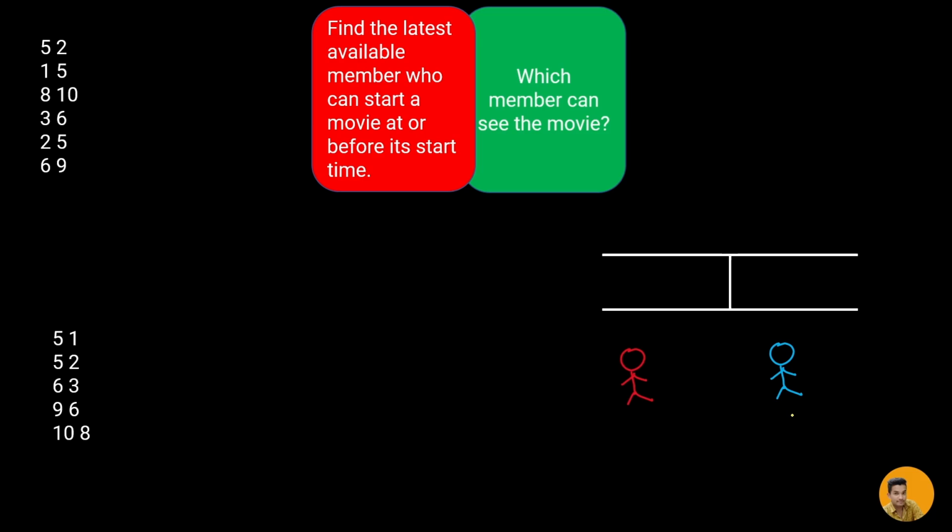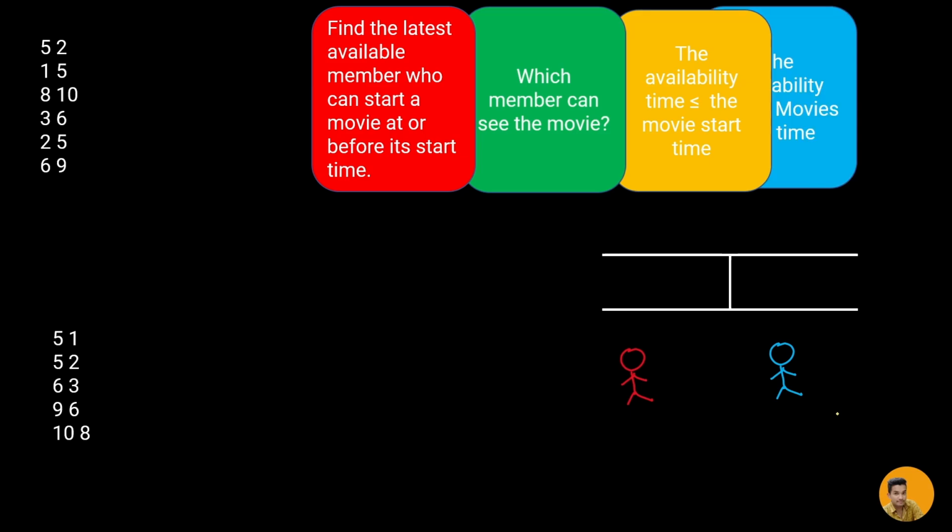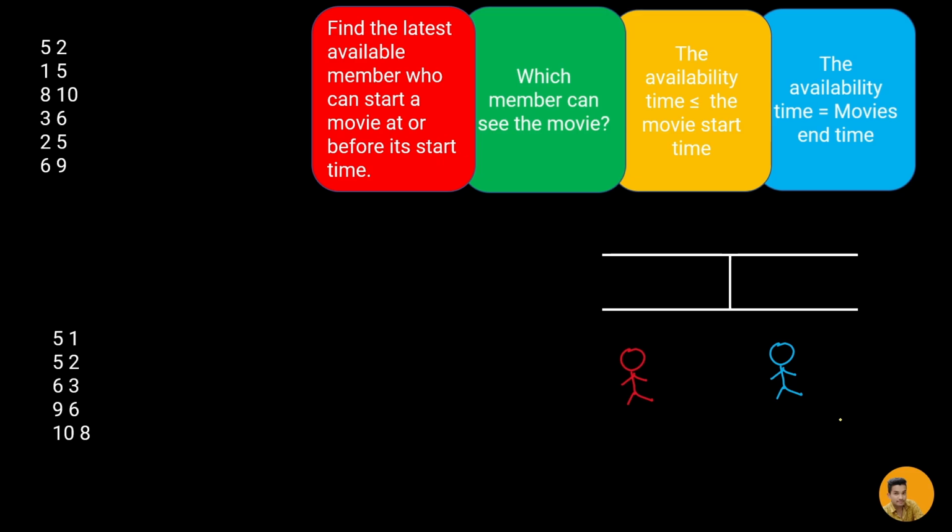The first is who are free, right? Who are free? That means the available time of that member is less than the start time of a movie. So if the movie is starting at 6 and the available member has watched a movie which ended at 5, then he's available, so he can watch. This availability time will be nothing but the ending time of the movie, right?